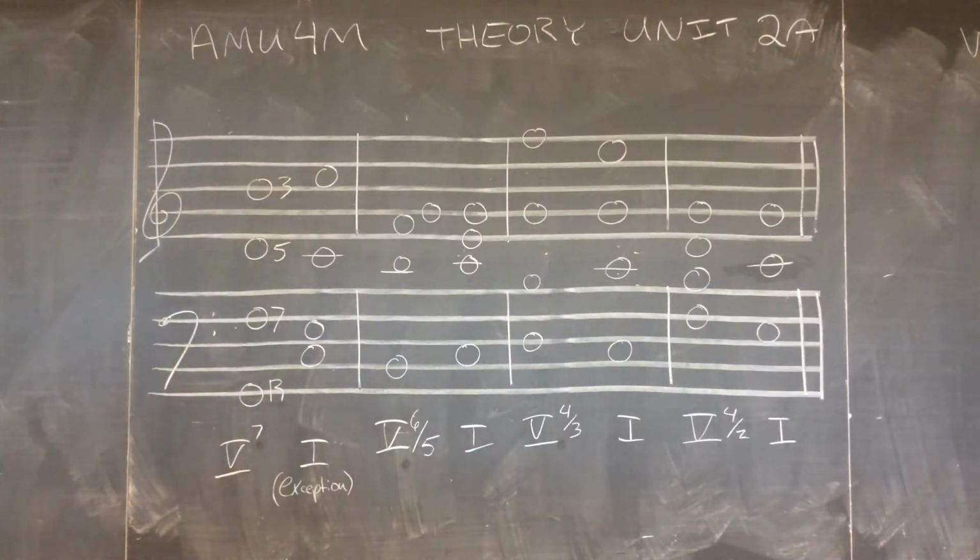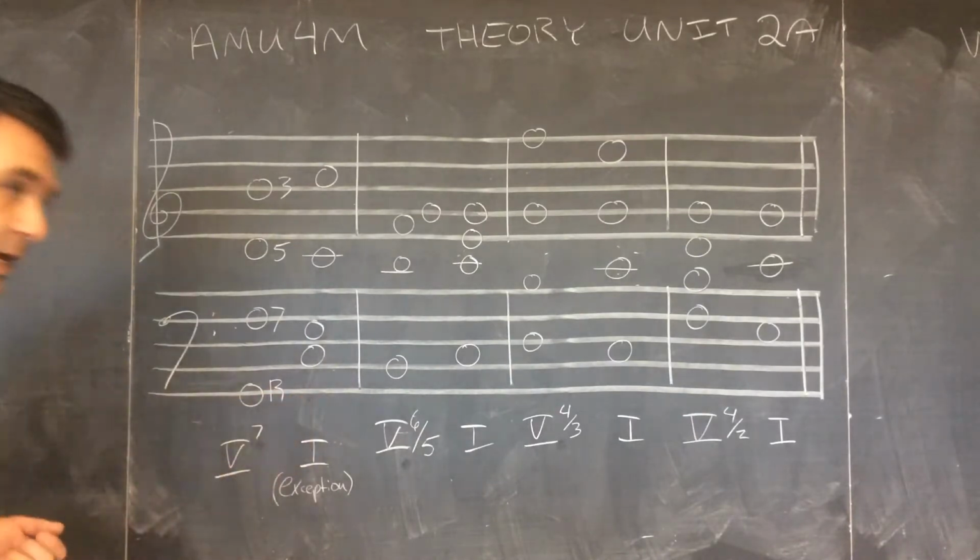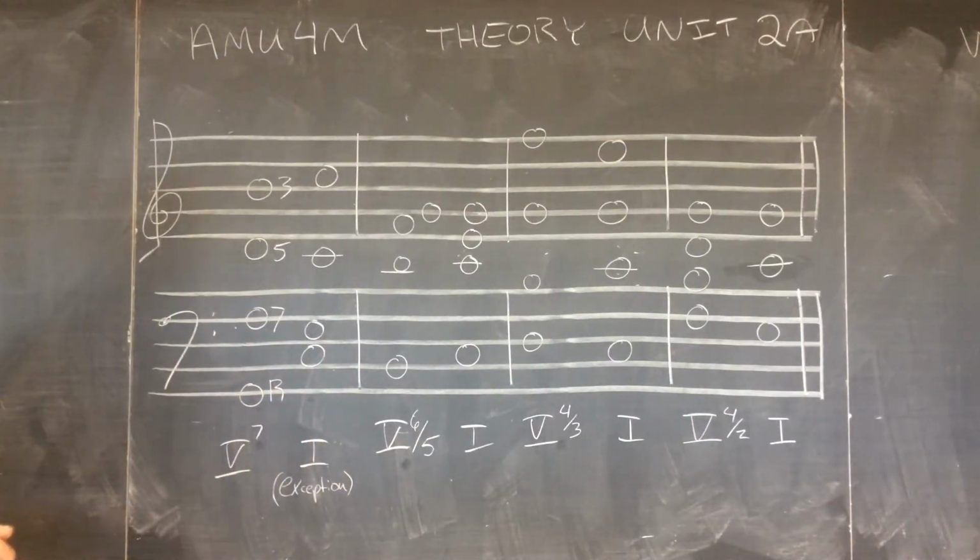So what are the rules that we need to do in order to resolve from this G dominant seventh to C? Well, the first one, let's deal with the root. The root stays the same and it becomes the fifth. Well, okay. Root not staying the same. There is an exception to the rule.